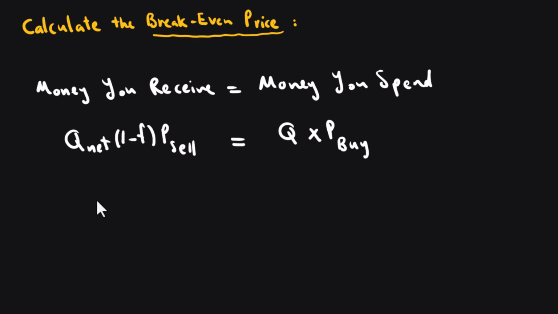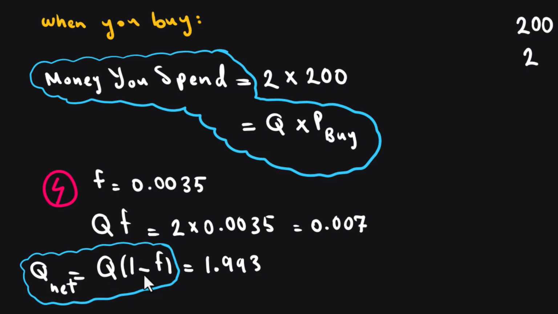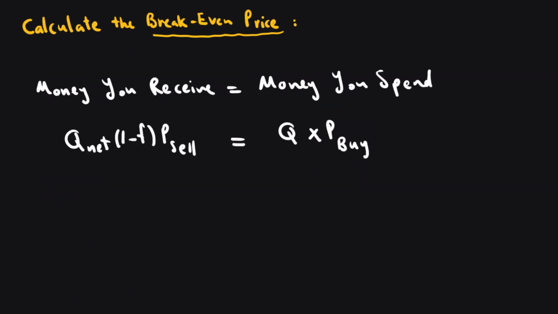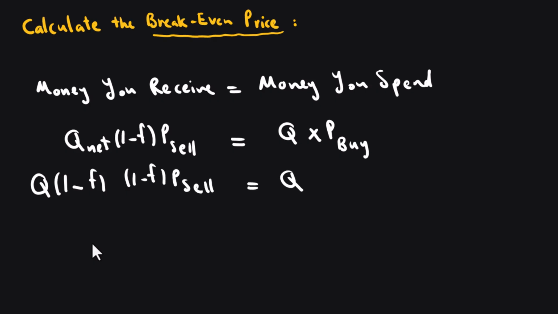Also from the previous slides, if you remember, Q net was Q times 1 minus F. So let's copy this and paste it here, plugging in this Q net. Then we write the rest of the formula: times 1 minus F times P sell is equal to Q times P buy. Because on the right side and on the left side we have Q, we can cancel out these two Q's.